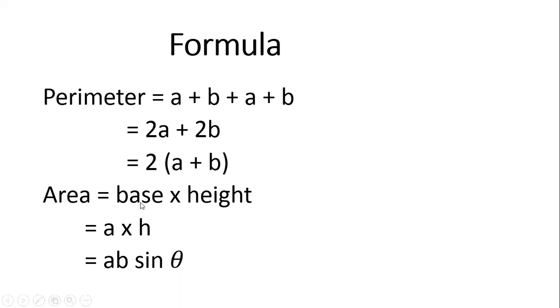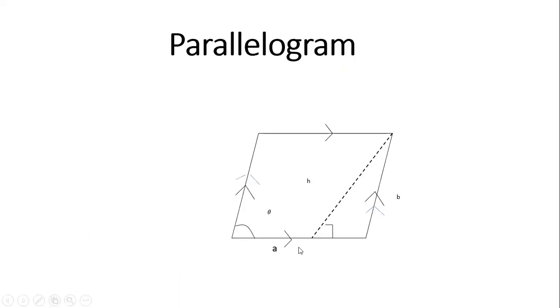So its area is the base of that shape times its height. From the diagram we saw earlier, this is the perpendicular line forming a 90 degree angle with this line, and that means this is the base.